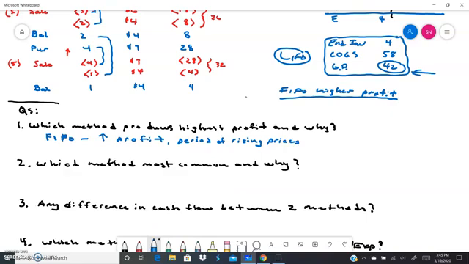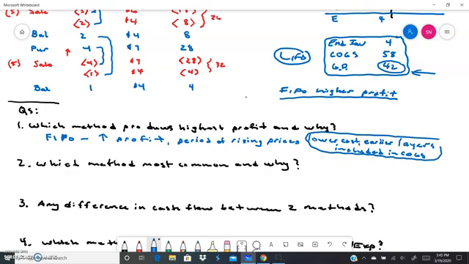So if prices are rising, FIFO is basically including in cost of sales the lower cost earlier prices. The lower cost earlier layers are what's included in cost of goods sold. If the lower costs are in cost of goods sold, then obviously that's going to make for a higher profit.